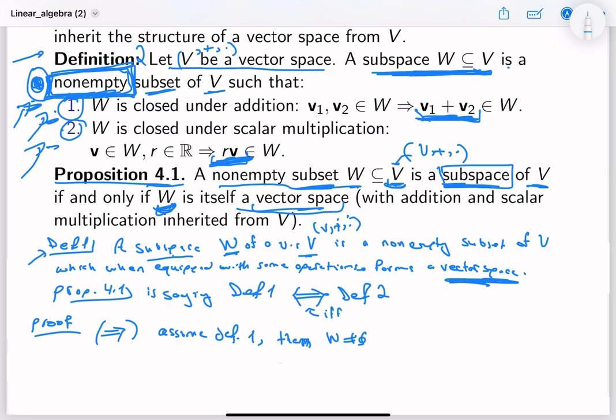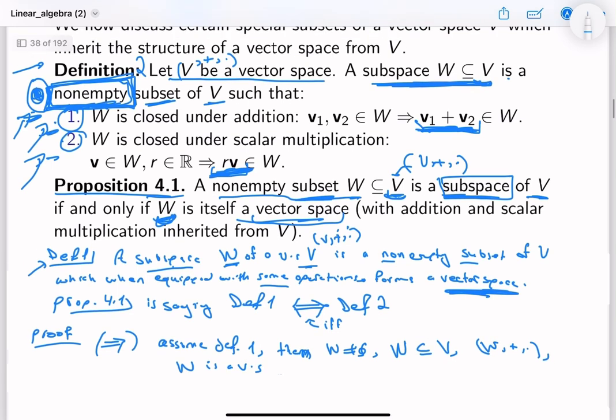Second, we have that omega is a subset of V from here. Third, we have omega has the same operations. And fourth, we have that omega is a vector space. Okay, so let's see if this implies definition 2.